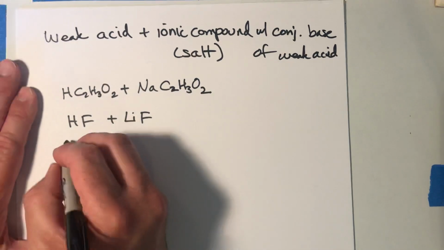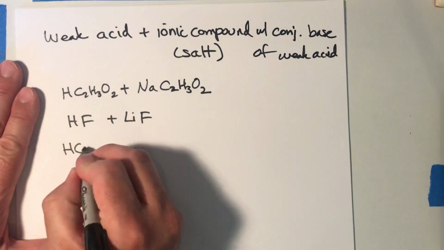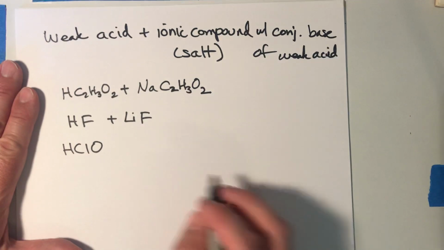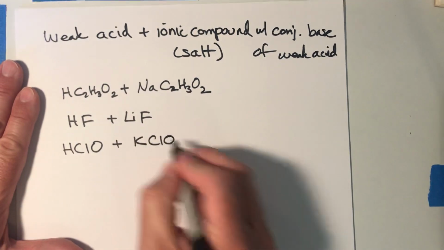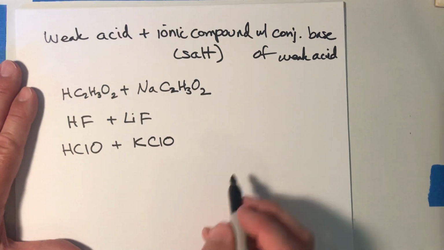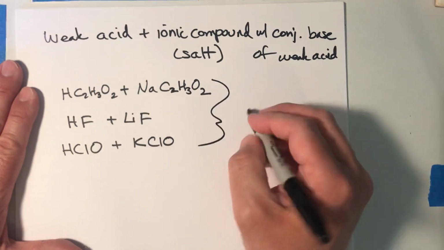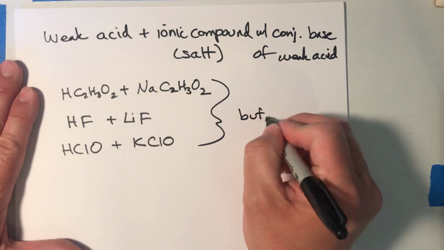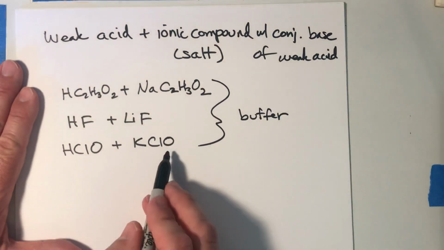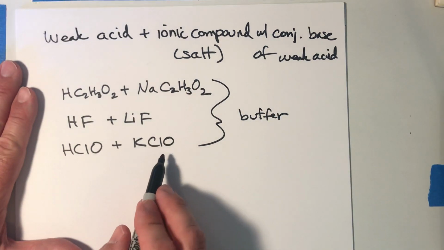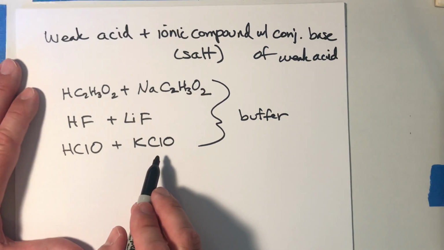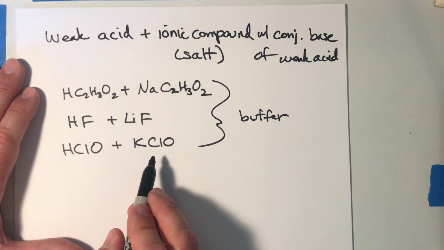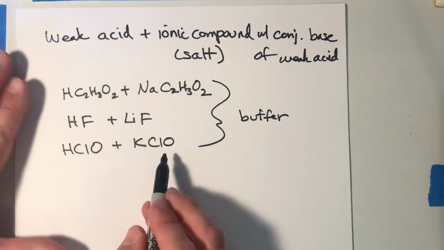Another example would be if we had hypochlorous acid plus potassium hypochlorite. That would also give us a buffer. All of these would fit our definitions of buffers. If we mixed these solutions together, we would have a solution that would have a pH that was resistant to change with addition of acid and base.